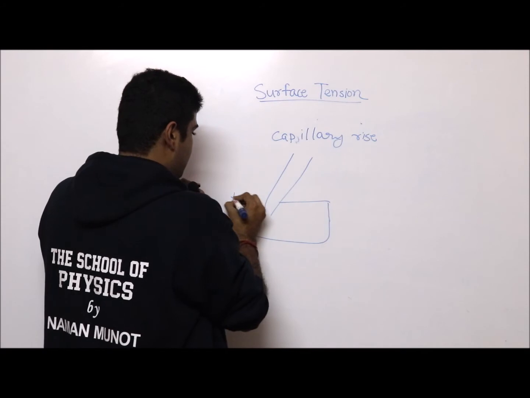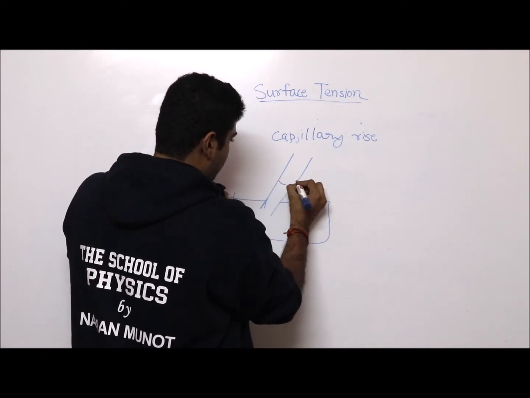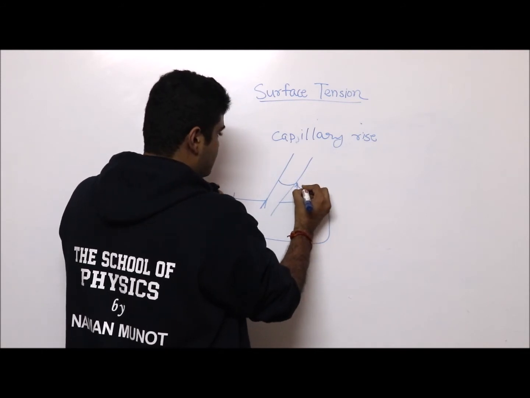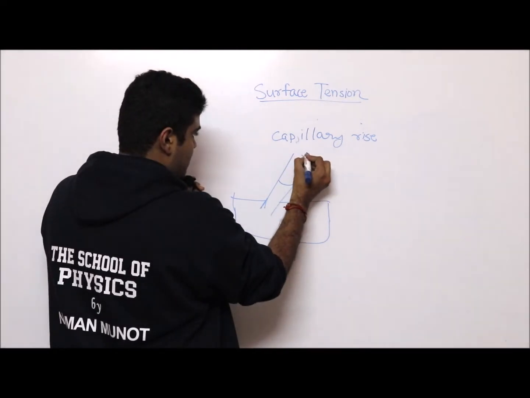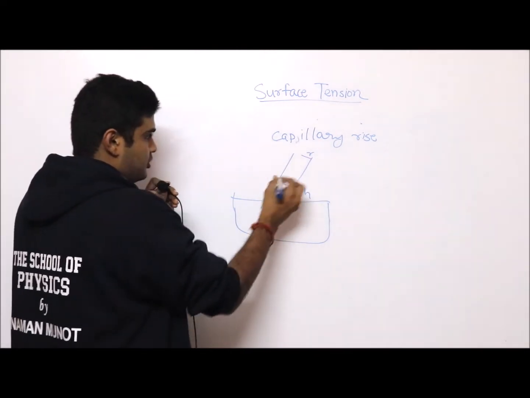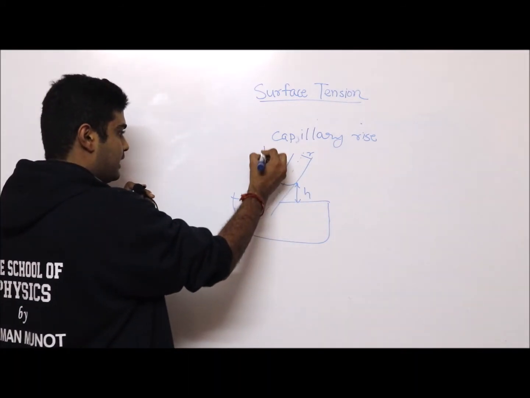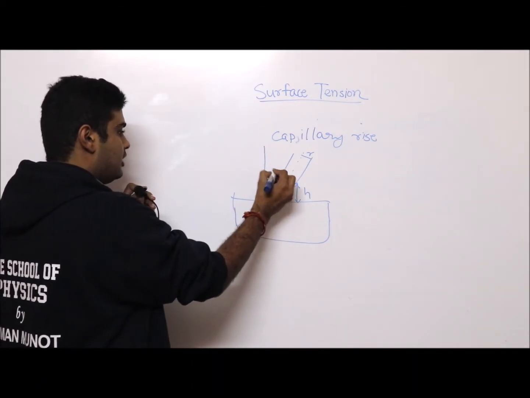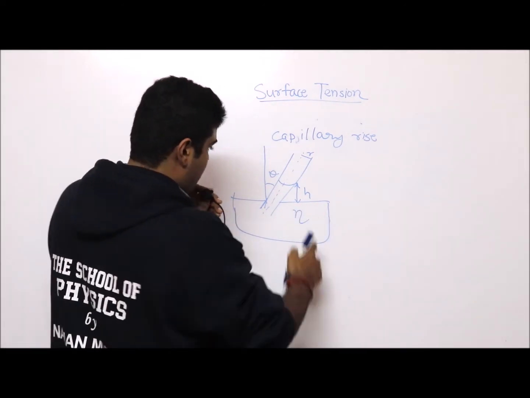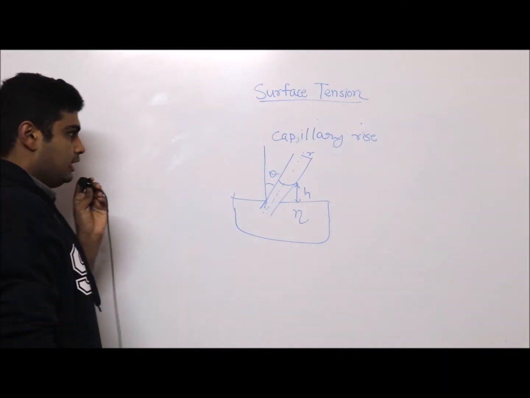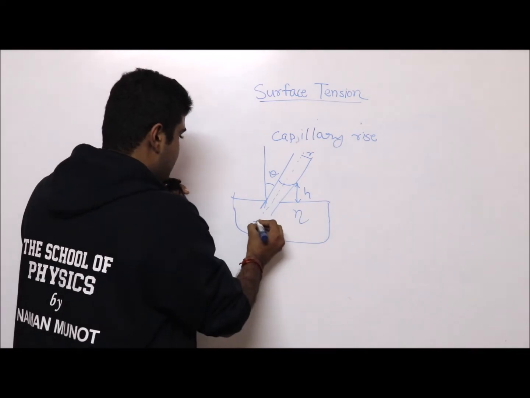When I insert the capillary, the water rises to a height h. Suppose the radius of this capillary is r, and the angle with the vertical is theta, and the viscosity of the liquid is N, and suppose the surface tension that is acting is T.